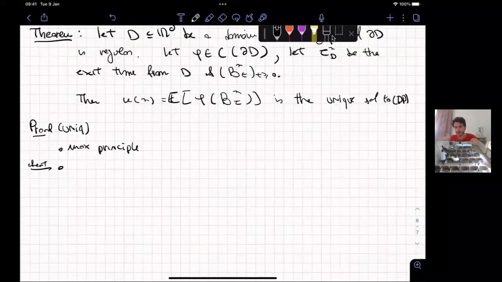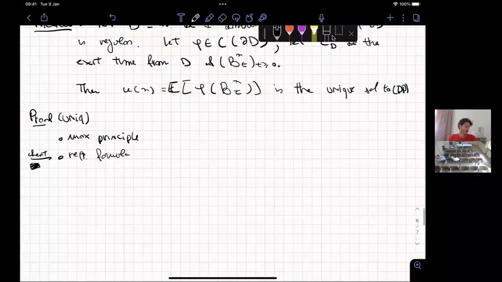But in this case, one has to fix a little bit the cheating part that I did. With the representation formula, you will see that every solution you take must have this form. So they must coincide. Each solution must coincide with this. So this is the way to do uniqueness.